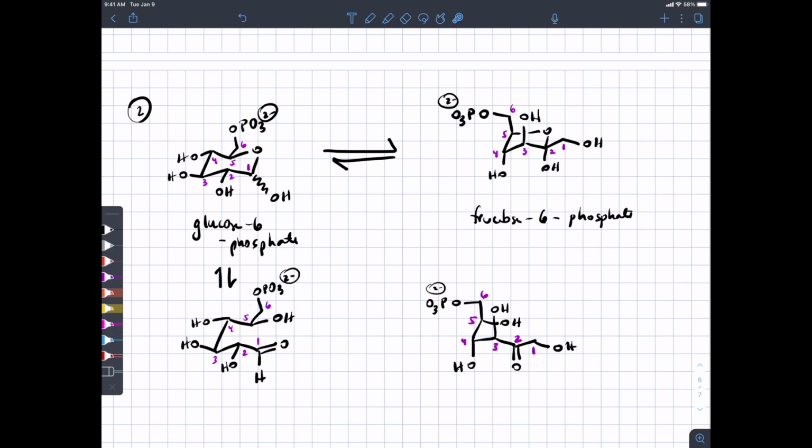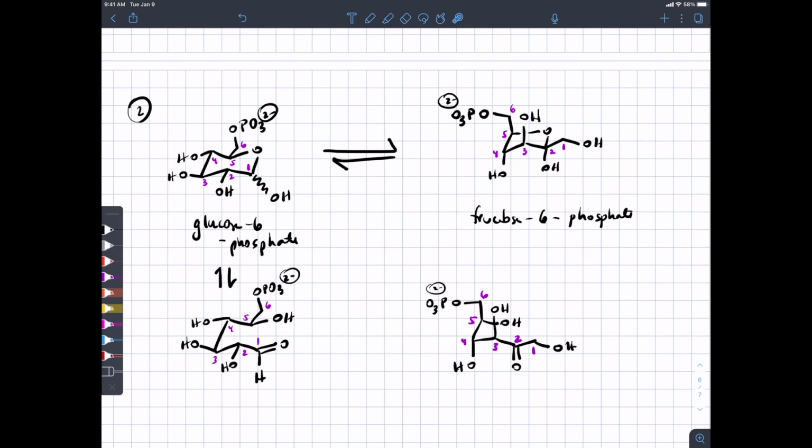You might look at this and say, oh, it's an oxidation reaction because I oxidize this secondary alcohol to a ketone. But then again, it's also a reduction reaction because I reduce this aldehyde to an alcohol.